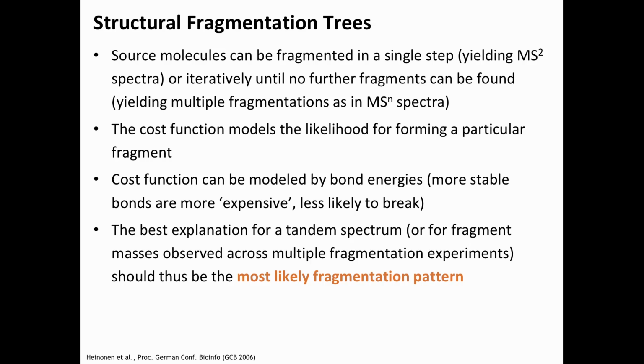Again, that is where large databases come in. The more data we accumulate here, the better we get with this type of prediction. Ultimately, these fragmentation trees predict the space of all possible fragmentations, but what your experimental spectrum gives you is the most likely fragmentation. And there's a certain disjoint here that leads to problems.